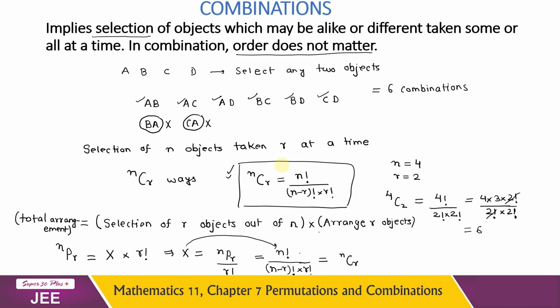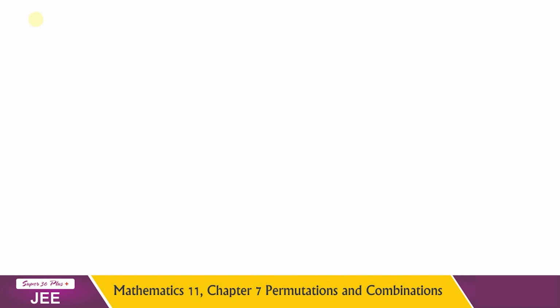Alright, let's move forward. So suppose we have 5 objects and we have to select 3 objects. So according to the formula, this can be done in how many ways? 5C3 ways, because according to the given situation, the value of n becomes 5 and the value of r becomes 3. So 5C3 according to the formula gives us 5 factorial divided by 2 factorial and 3 factorial.